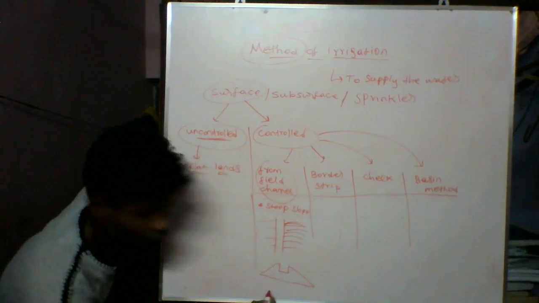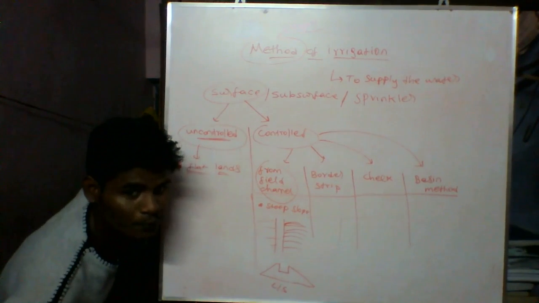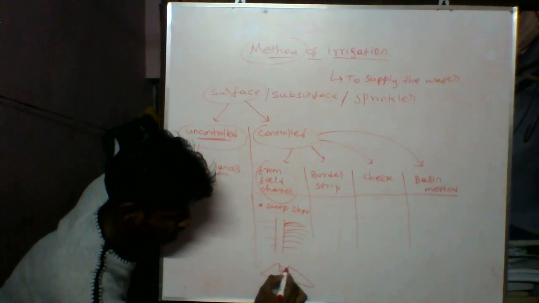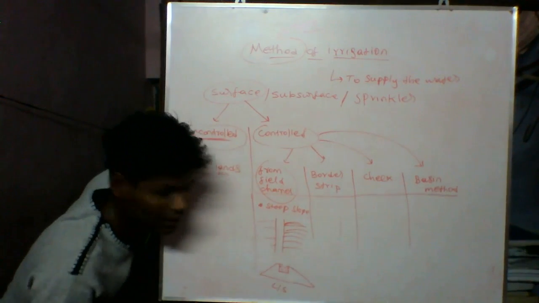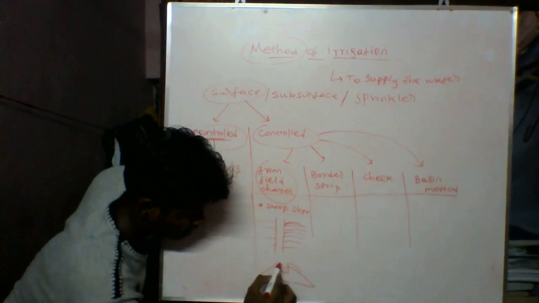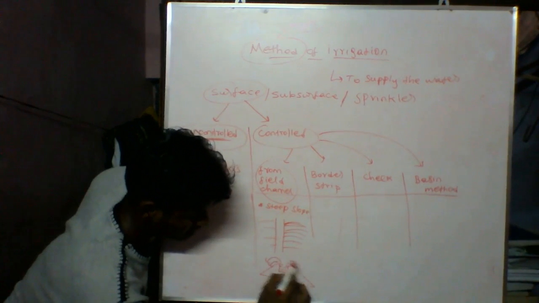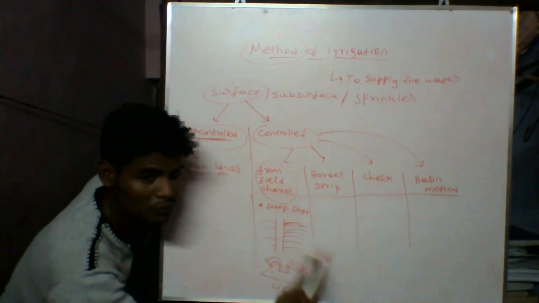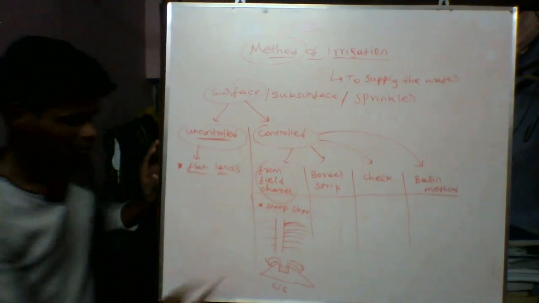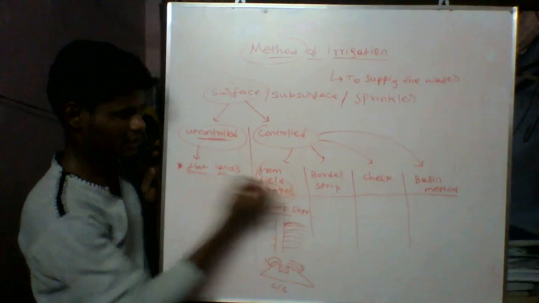In the cross-sectional view, the water is flowing like this along the direction of the canal. The water is supplied laterally. That means supply from this side and that side. So this is the field channel category.